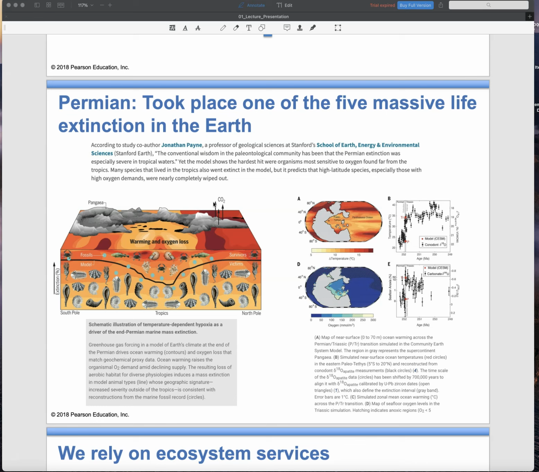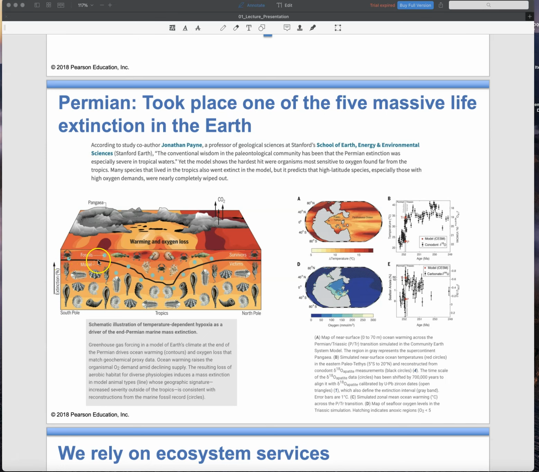Okay, this curve that you see here is giving you an idea of the percentage of extinction. So in this part and in this part, in these poles of the continent, the extinction was very high.